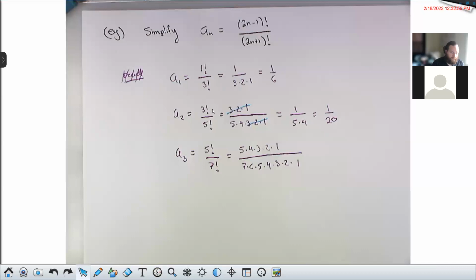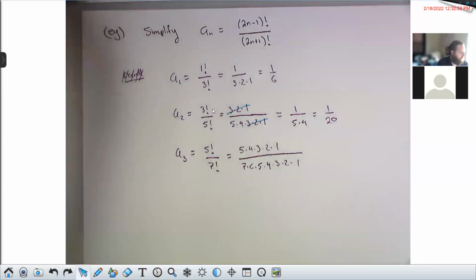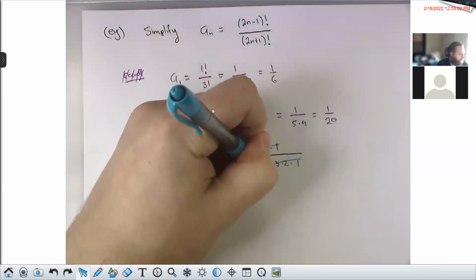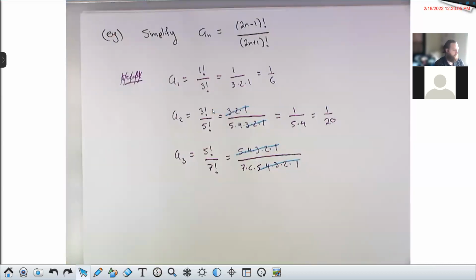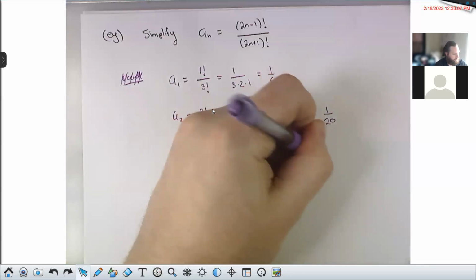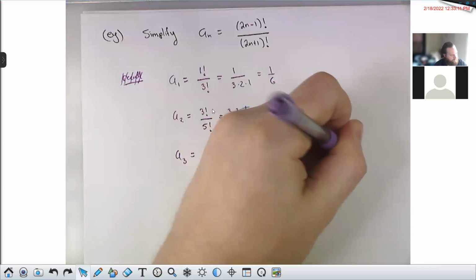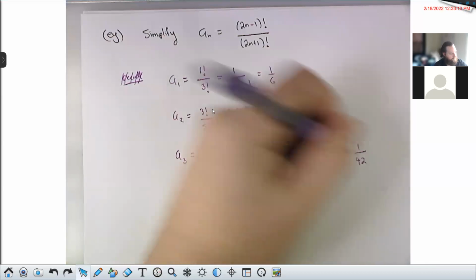And what you notice is that, again, the whole top cancels. And you're just left with 2 terms on the bottom. 1 upstairs, 1 over 7 times 6, which would be 1 over 42.